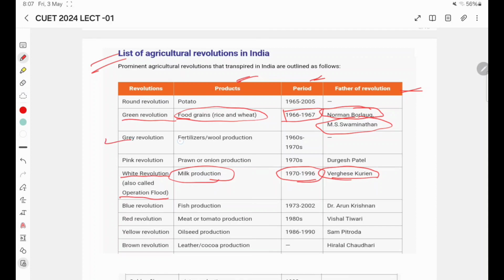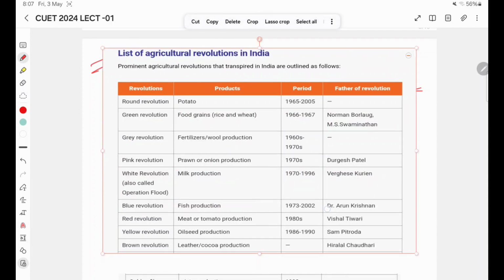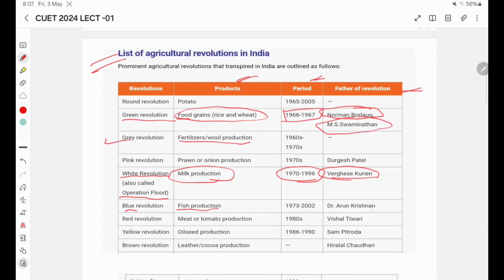The grey revolution is confined to fertilizer production, and the blue revolution to fish production, and the father of the blue revolution was Dr. Arun Krishnan. And there is another revolution called the red revolution, confined to meat and tomato production, introduced in the year 1980 by Vishal Tiwari.